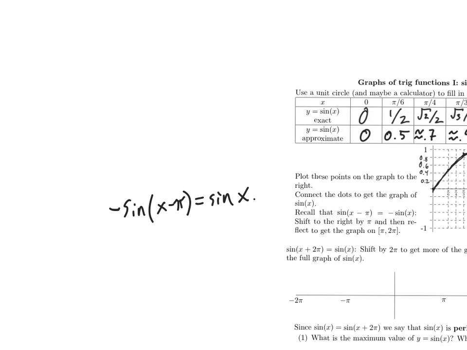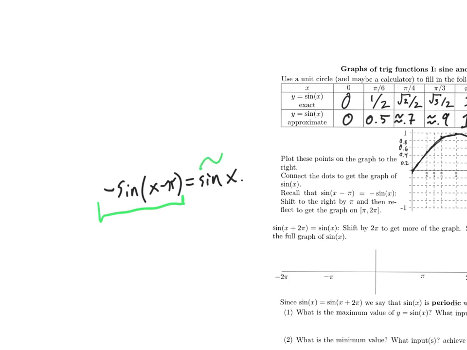And let's think about what this means graphically. So right here we have the graph of sine of x. Over here we have also the graph of sine of x, but shifted right by pi.